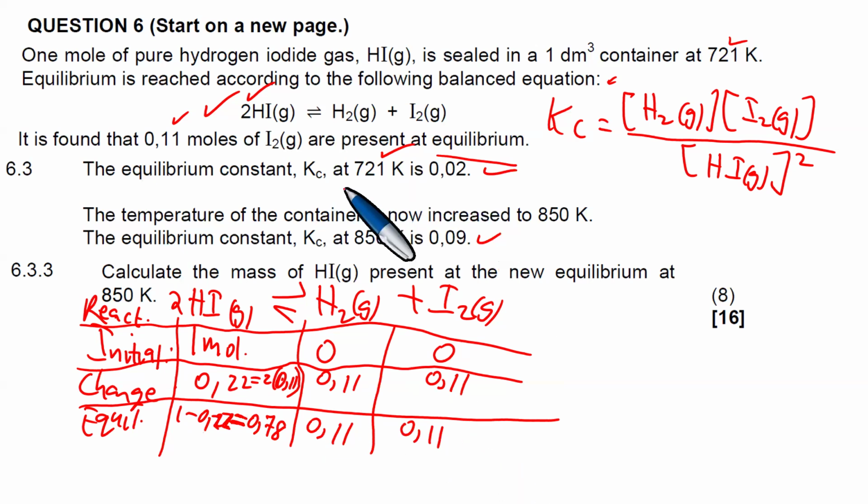And this happens at what temperature? At 721 Kelvin. Now there is another temperature at 850 Kelvin. At the temperature of 850 Kelvin, let us analyze together.